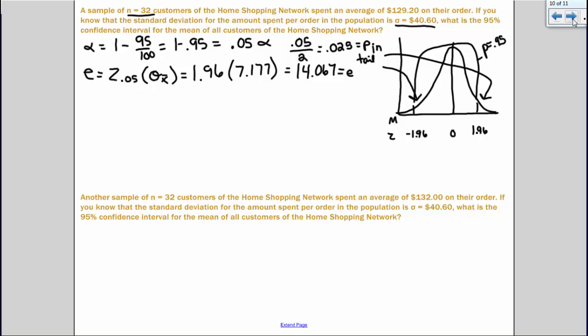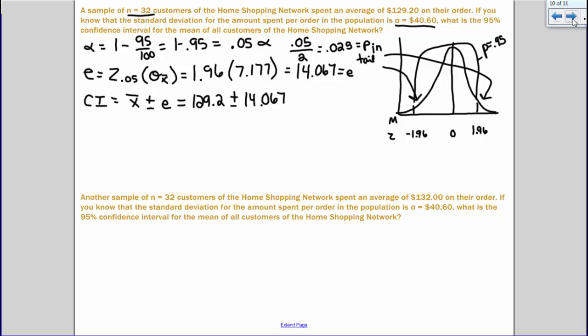So now we need to find our confidence interval. I'm going to abbreviate that CI by taking our sample mean plus or minus our margin of error, which is the same in this case, saying 129.2 plus or minus 14.067.